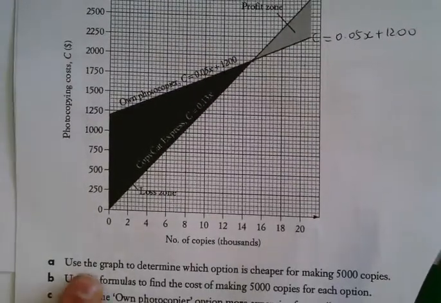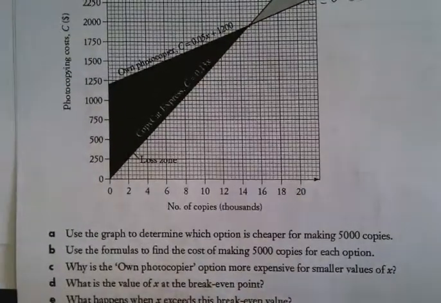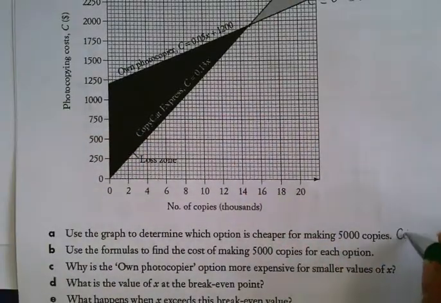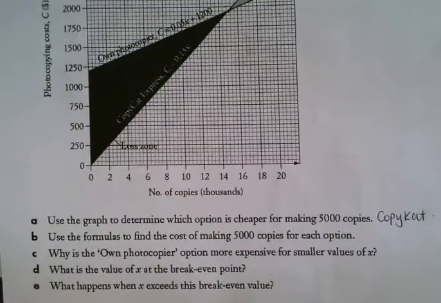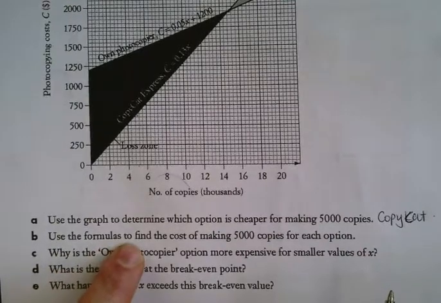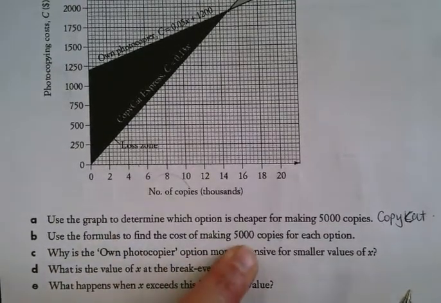Now it says, use the graph to determine which option is cheaper for 5,000 copies. So here's 5,000 copies. Who is cheaper? Yep, Copycat Express. Now you could, sorry, it's part C. So you could work out, I don't know if you can read it very well, but in part B, use the formulas to find the cost of making 5,000 copies for each option.